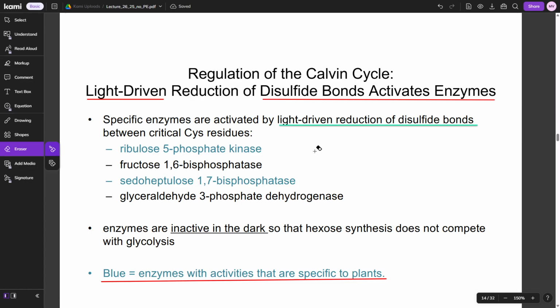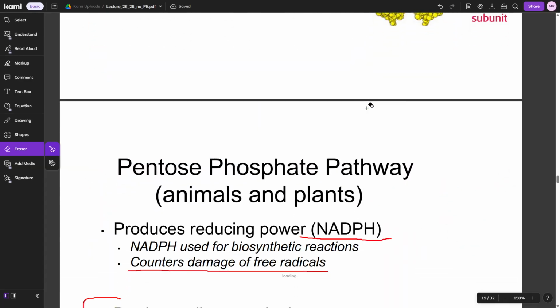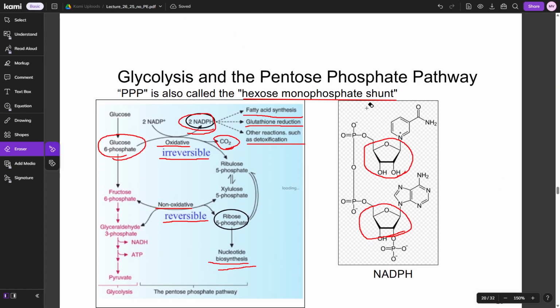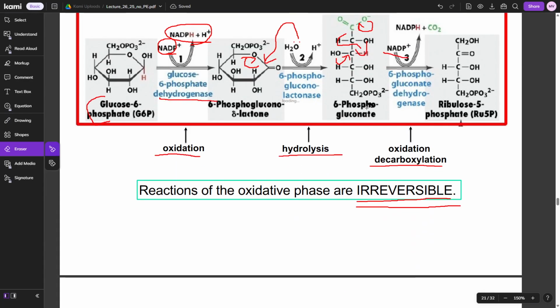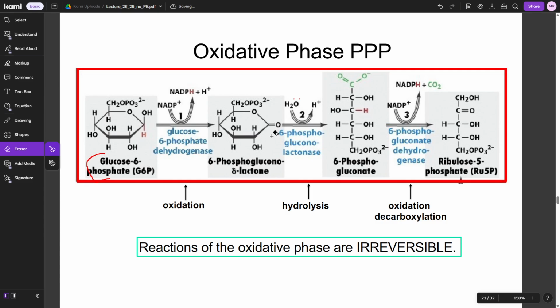So, yeah. That's 7, though. GG, guys. We're done. Yeah. I'll take other questions if people have questions, but yeah. And then here's the oxidative portion of the pentose phosphate pathway.